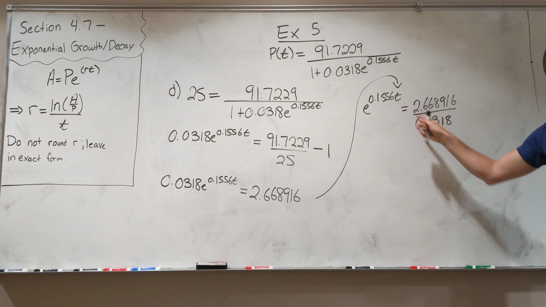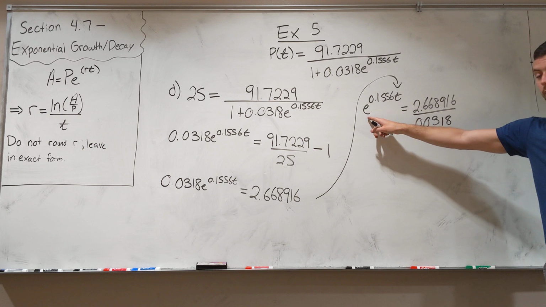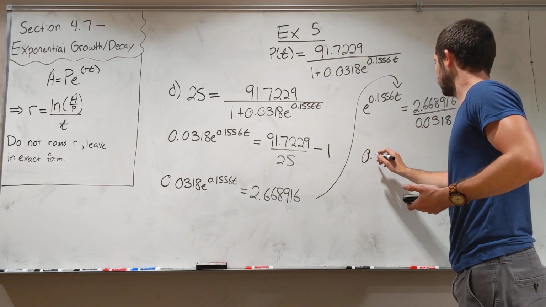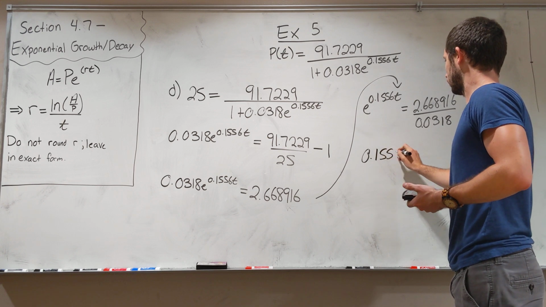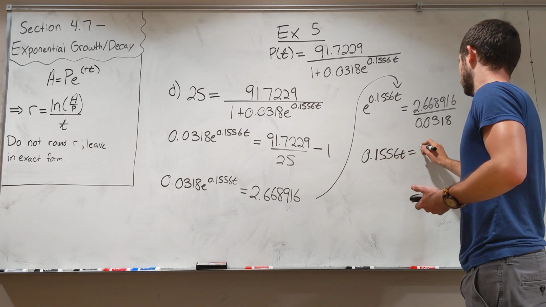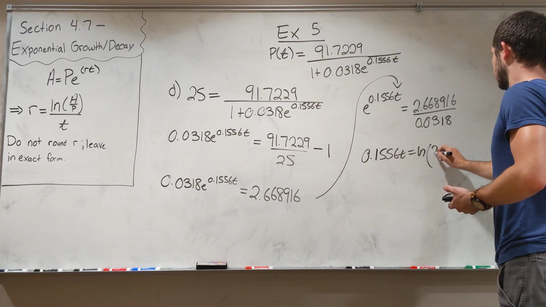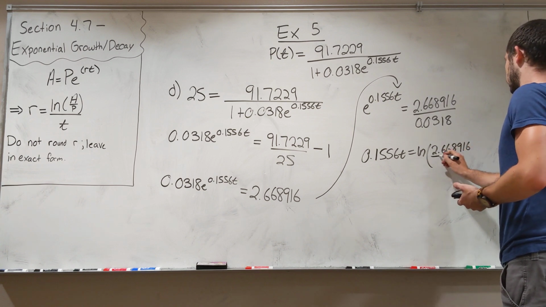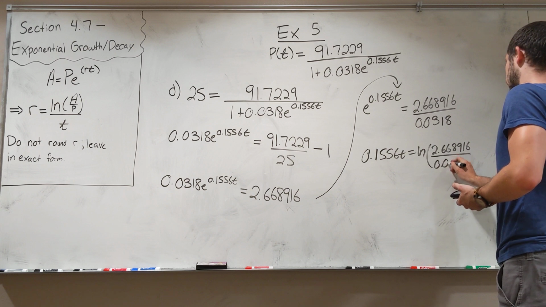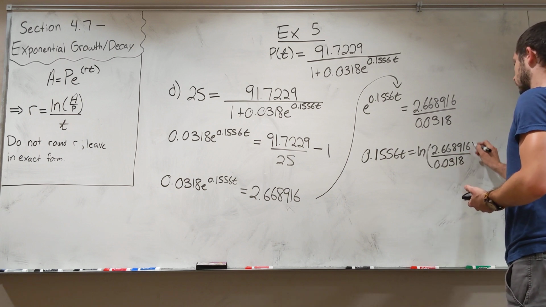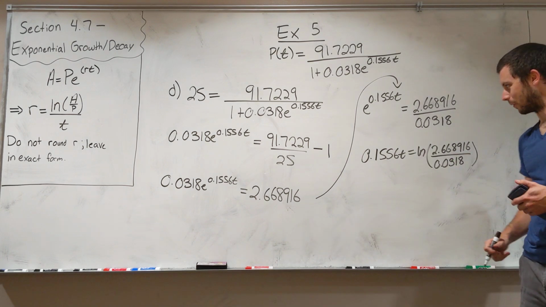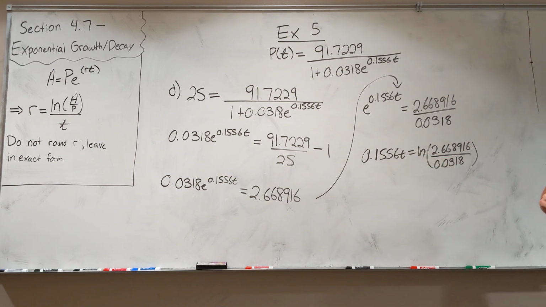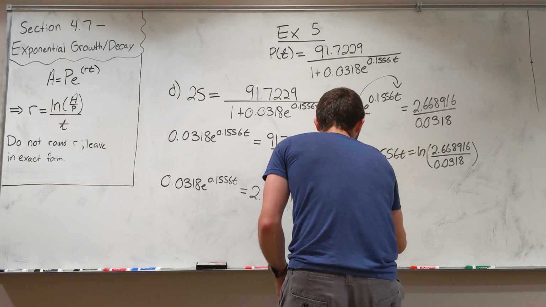From here, we take the natural log of both sides to get rid of the e. Finally, we have one more step, which is dividing the 0.1556 on both sides.